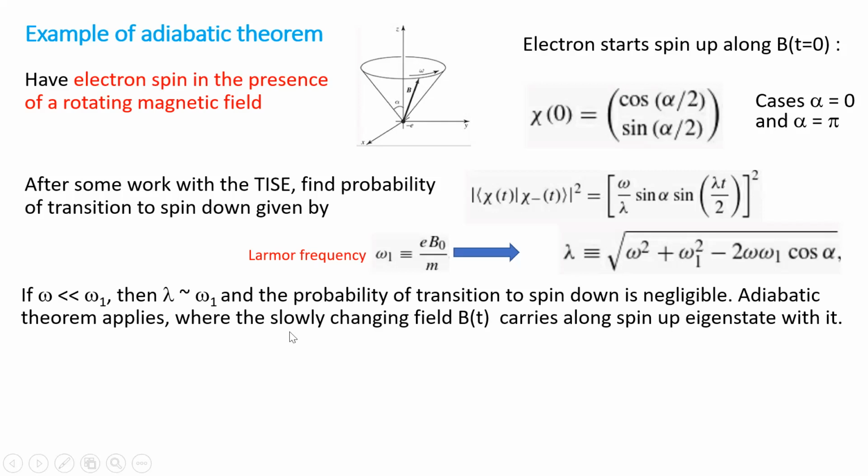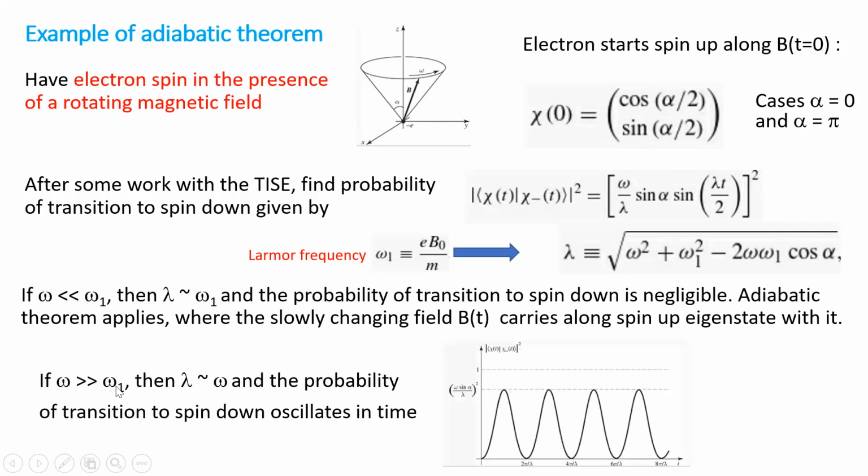Okay. On the other hand, if omega is much, much bigger than omega 1, so this is spinning really fast, then omega 1 squared and omega 1 would be small. So this lambda would be omega. So we'd have omega over omega, which is 1, and we get an oscillating probability. So the probability of transition to spin down oscillates in time.